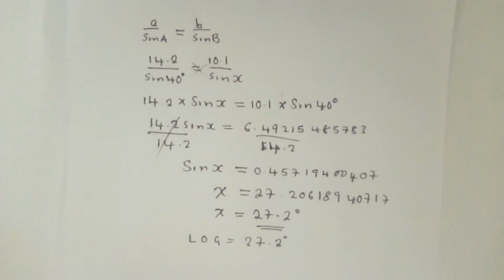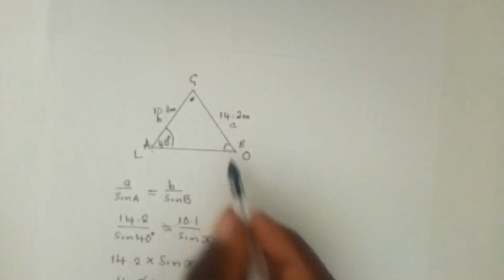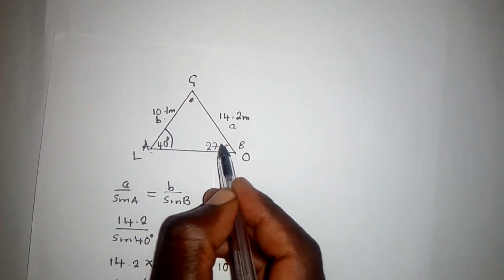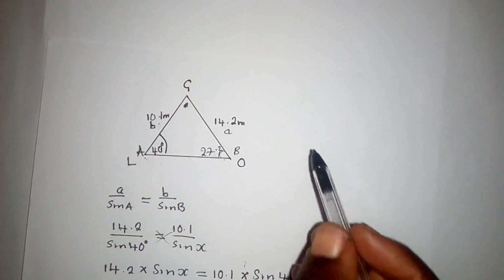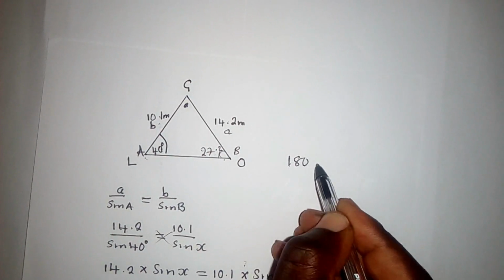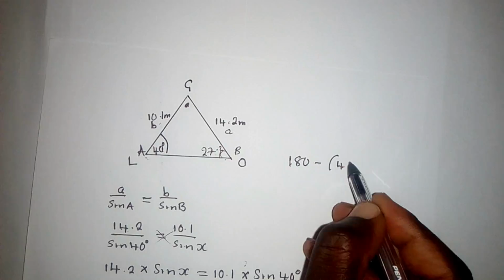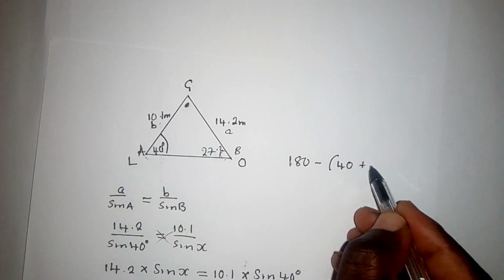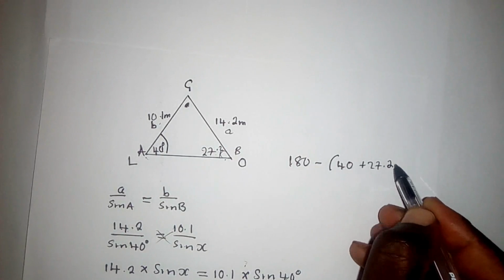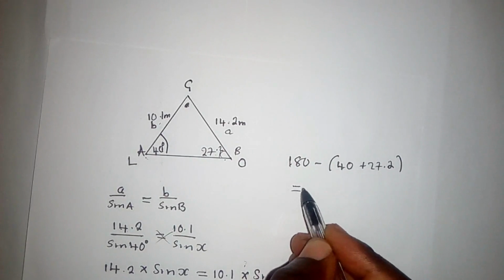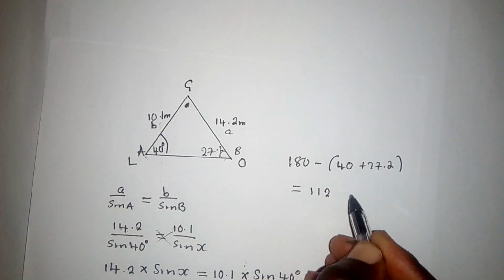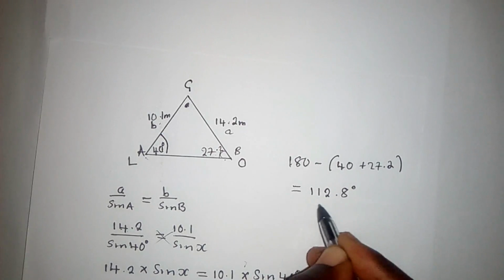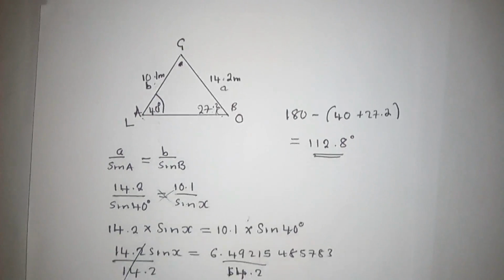So since we found this angle to be 27.2 and we are asked to find this angle, what we can do here is to say 180 minus the addition of these two angles, 40 plus 27.2, and our answer will be equal to 112.8 degrees. So this is our final answer.